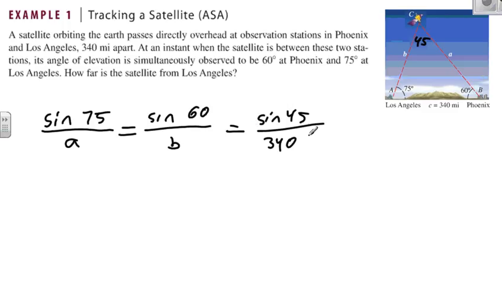So I wrote this as an extended equation, but what that means is we can take the one that has the numbers and set it equal to either of the other two to solve. Since we're trying to find how far it is from Los Angeles, we're trying to find B. That's all that we care about. So we're going to ignore that first part altogether. And then sine of 45, that would be your middle finger for our left-hand trick.